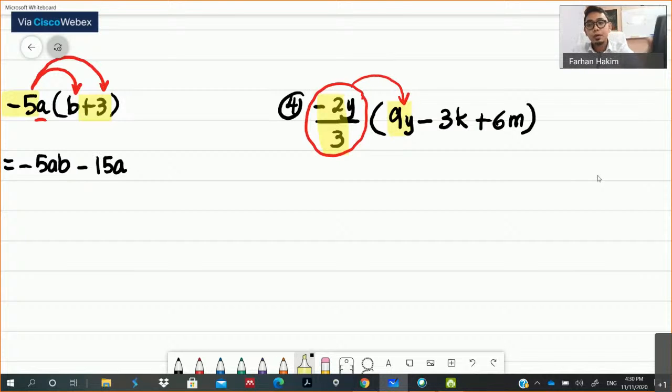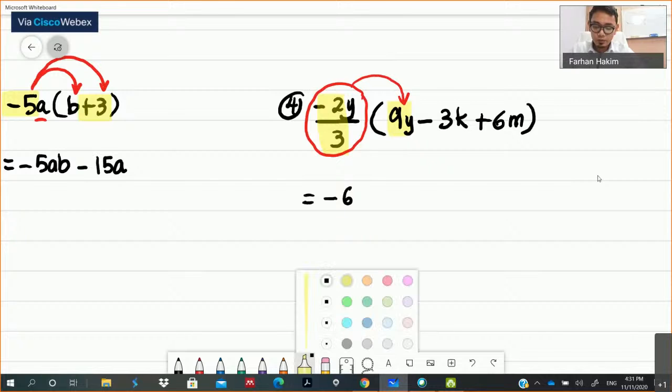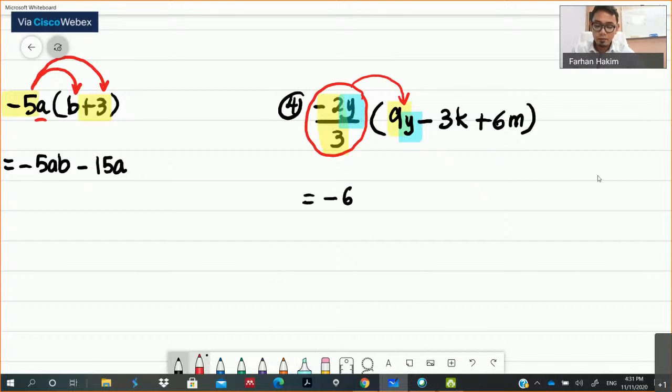You can also use your calculator. Negative 2 over 3 multiplied by 9 will get negative 6. Then we also have y multiplied by y, and we'll have y squared. That one is for the first term.